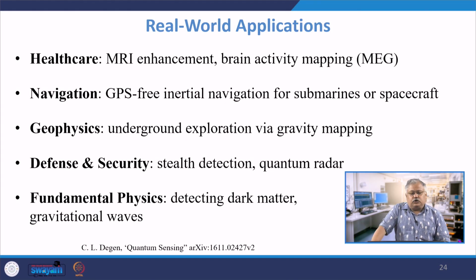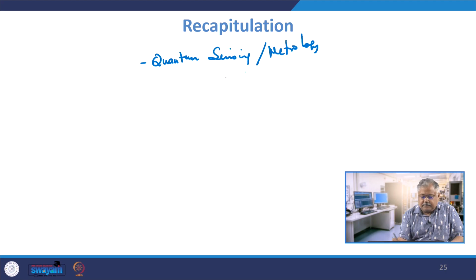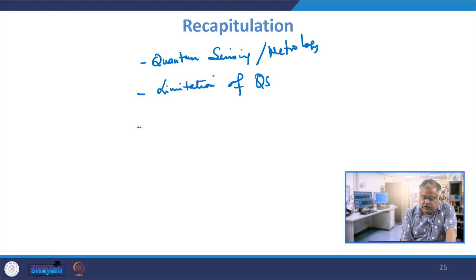So, let me recapitulate what we did in this half hour of our lecture. We went through the various mechanisms of quantum sensing. We understood quantum sensing and metrology, right. We then looked into the limiting factors, the limitations of quantum sensing.